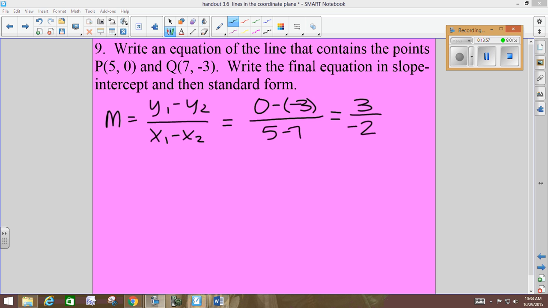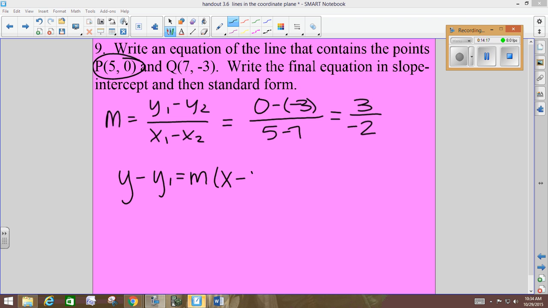So there's our slope. Then you have to pick one of these points. Do you want 5, 0, or 7, -3? 5, 0. It's easy adding 0, just like it's easy multiplying. You can pick 7, -3. You should get the same answer, but a 0 is going to make it a lot nicer.